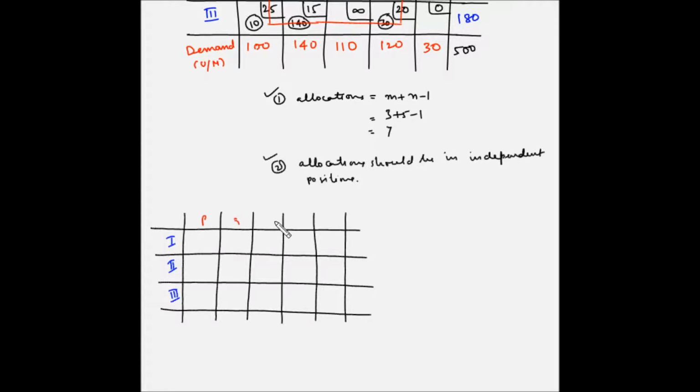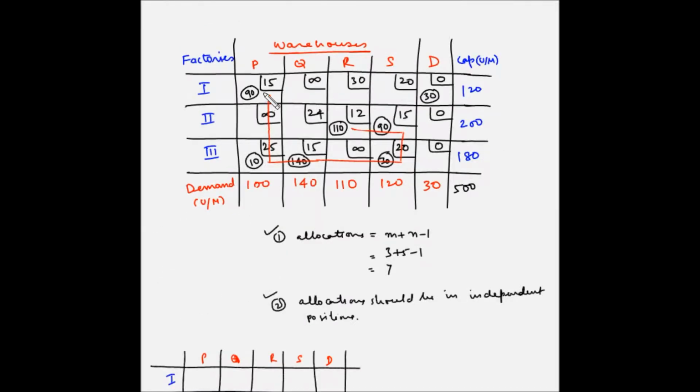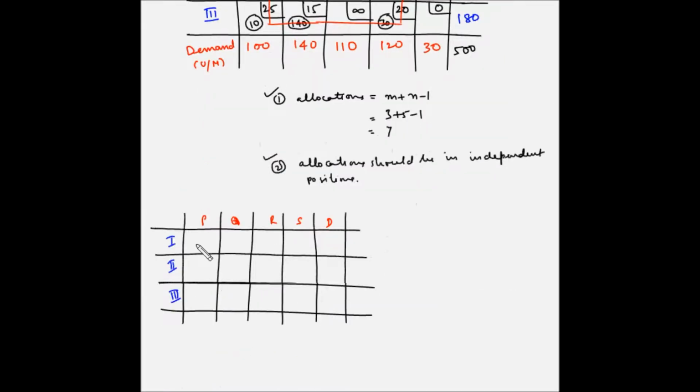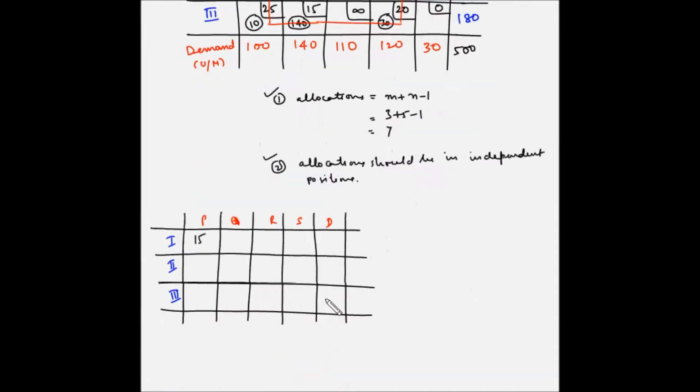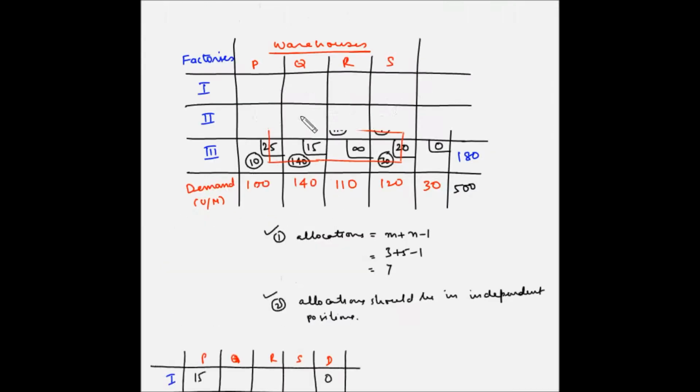So P, Q, R, S, and D. Now in these middle boxes we have to place the unit cost of the cells which have allocations. So for example, the first box 1p, the unit cost is 15, so we'll place 15 here. The second is 1d, we'll place the unit cost which is 0.